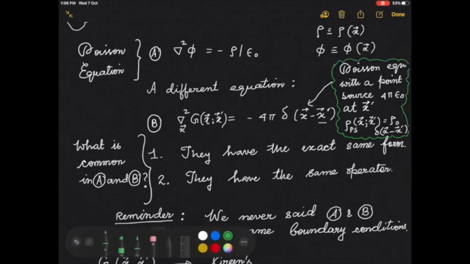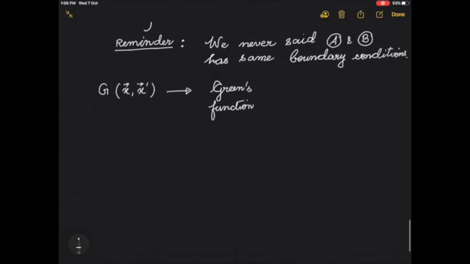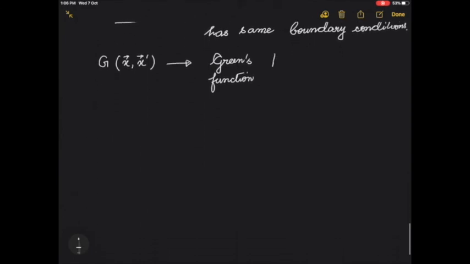So capital G is the solution of Poisson's equation for a point source at x prime which has a certain source strength.